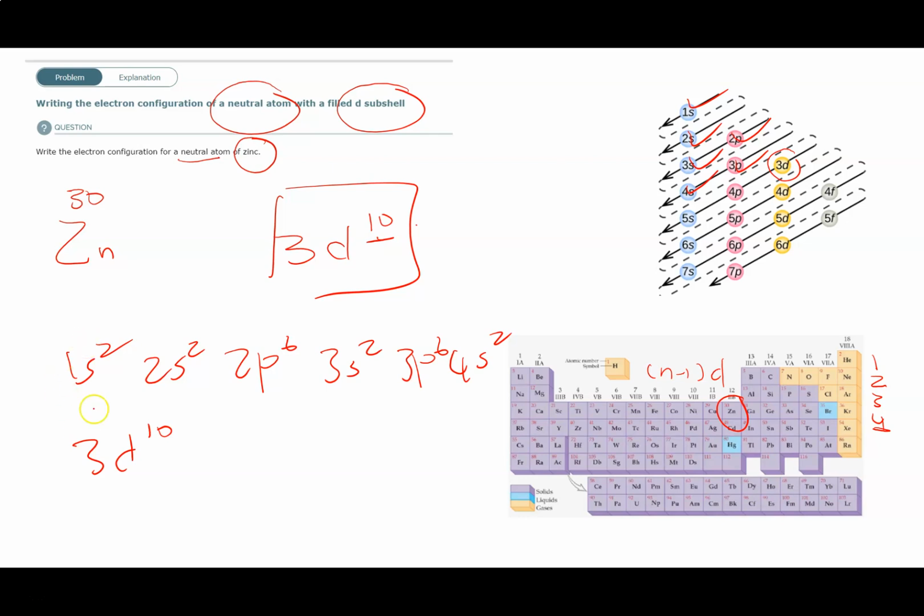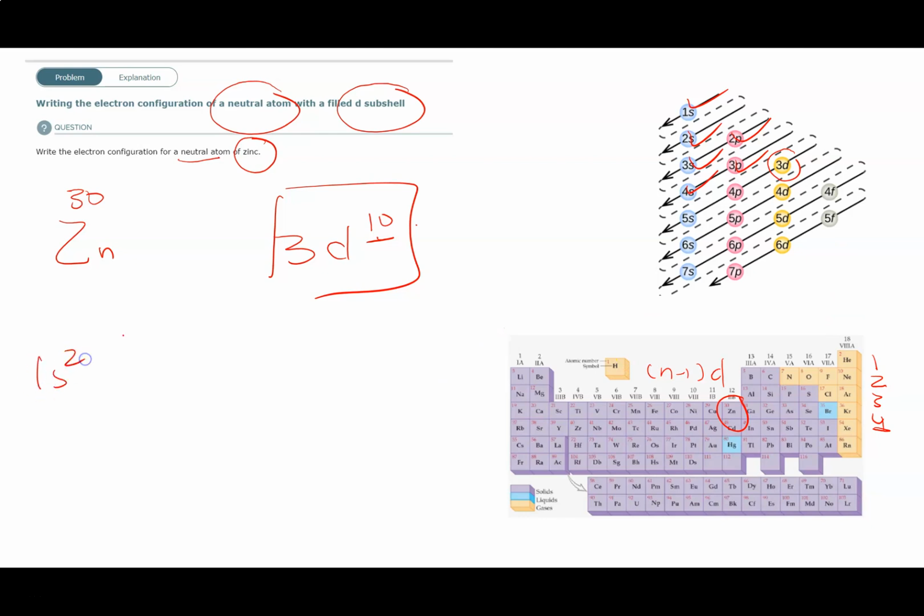Another way of doing this would be to count off the periodic table. So I would go 1s1, 1s2, 2s1, 2s2, 2p1 through 2p6, that gets me to there. Then 3s1, 3s2, that gets me to the end of that.